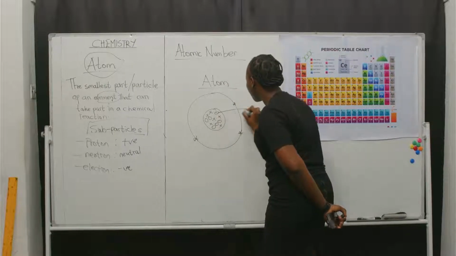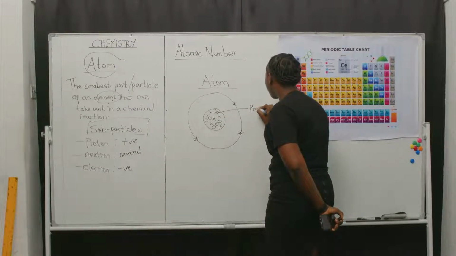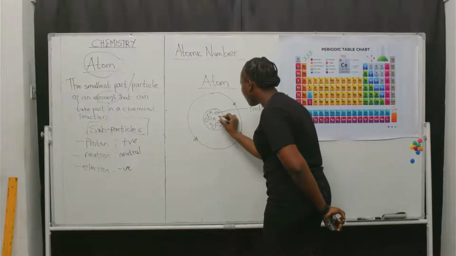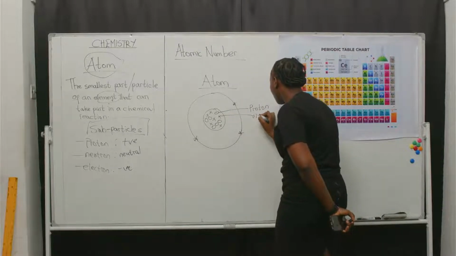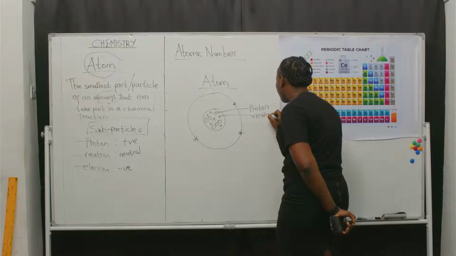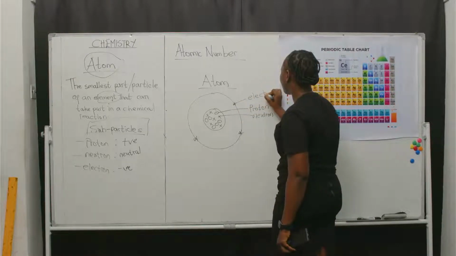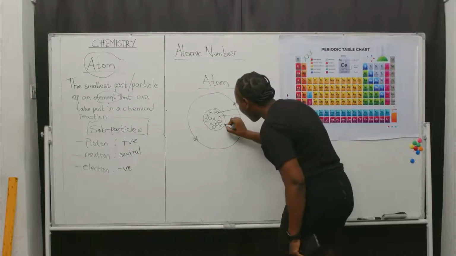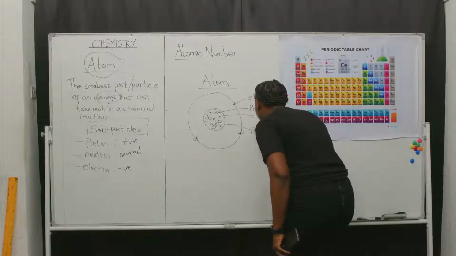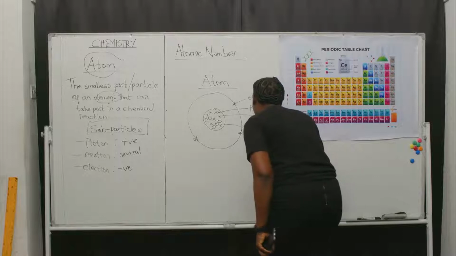So this, let's denote it to be the proton. This X sign, the neutron, whereas this, the electron. And this entire part would be the nucleus.